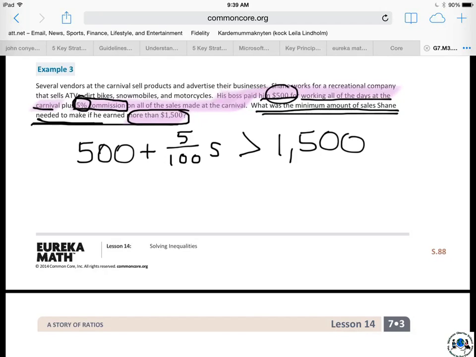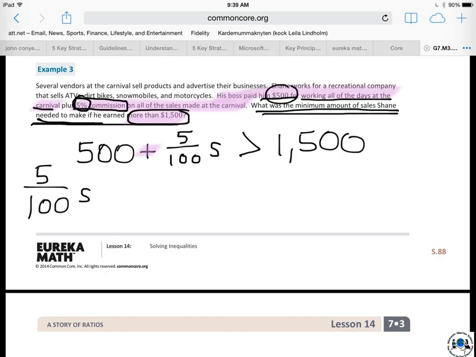Okay, so here's our inequality. As you can see, I've written it a little bit differently than we're used to. So what we can do right away is change it around, because we're at liberty to do that since we have a plus sign. Things are positive, thank goodness. So I put 5 over 100.